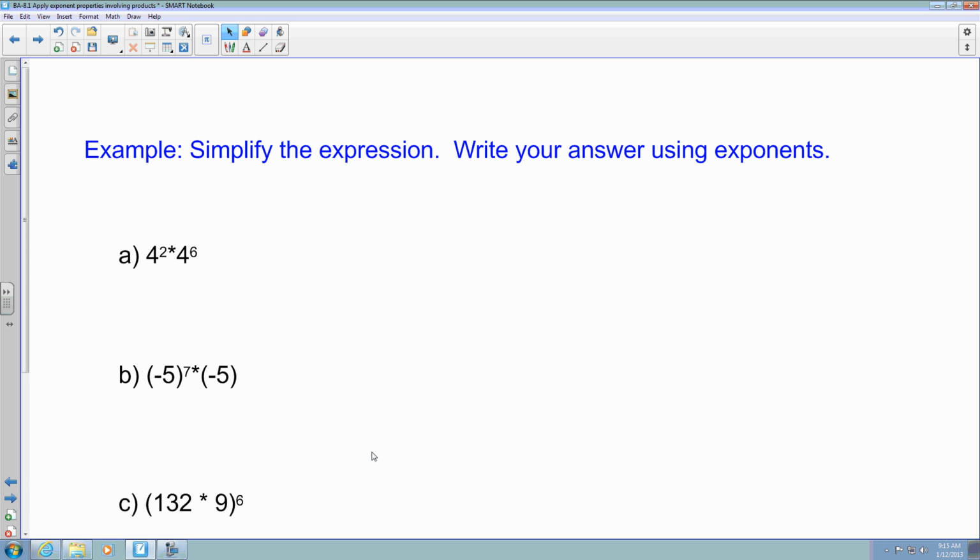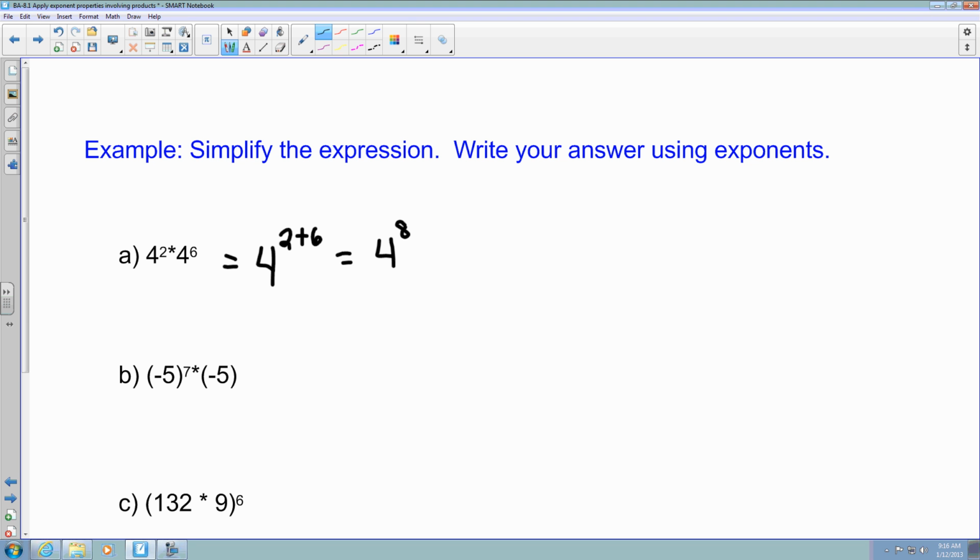Let's look at A. This is 4 to the 2nd power times 4 to the 6th. Using the product of powers property, we can conclude that 4 is to the 2 plus 6 power, which then equals 4 to the 8.